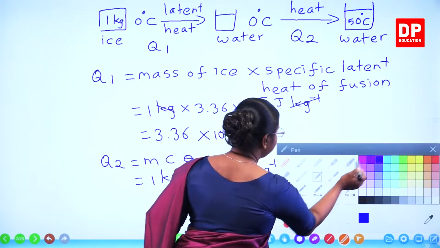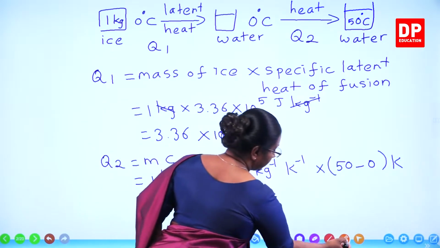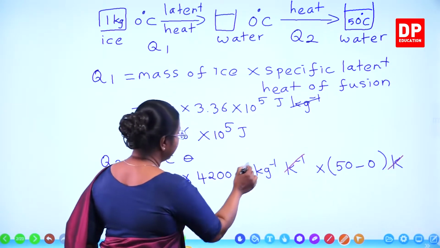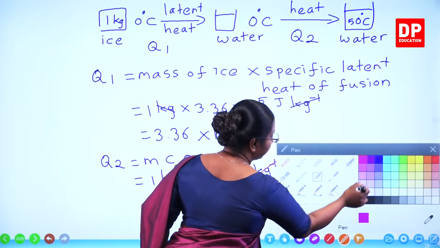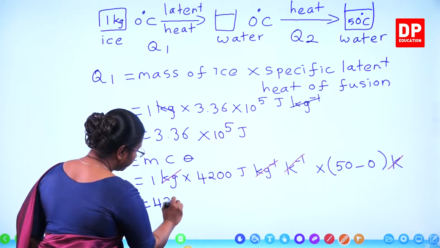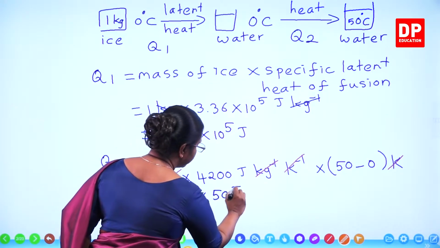So, if we simplify the values here again, we actually can just cancel off Kelvin minus 1 and kilogram minus 1. So, we have 4200 into 50 joules.